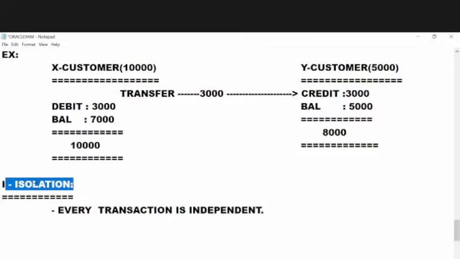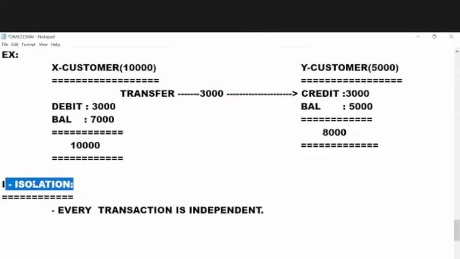By that reason only, the bank knows how many transactions this customer did in a day. How do the banking people know how many transactions are done per day? Because every transaction is separate. That's why they know you did 3 or 4 or 5 transactions on a given date. And nowadays you have some limit also. What is the limit?